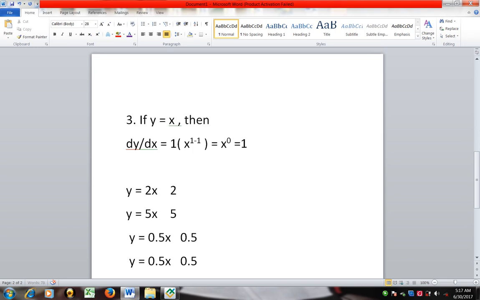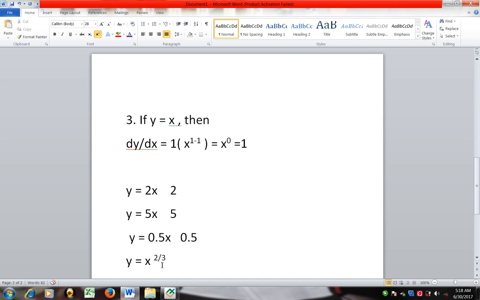In the subsequent video, we'll try and differentiate stuff like y equals x raised to power, let's say, 2 over 3. So when we have y equal to x raised to 2 over 3, things like radicals, those are the ones we are going to look at in the next video.